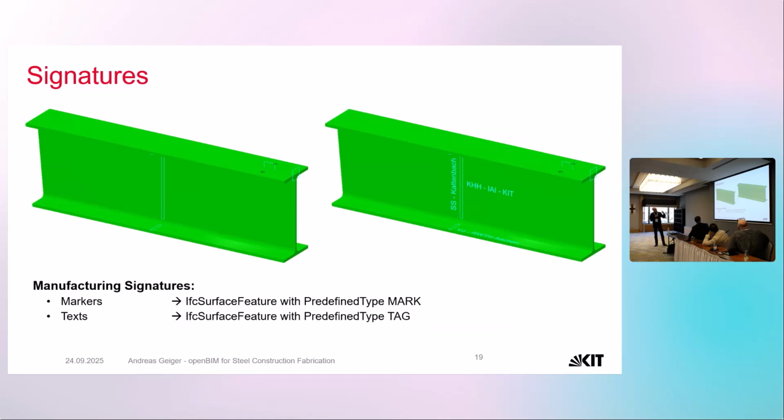And we also had some looks into the future and added some new features, for example, signatures used for welding positions or maybe texts which are during the fabrication process printed on steel components.